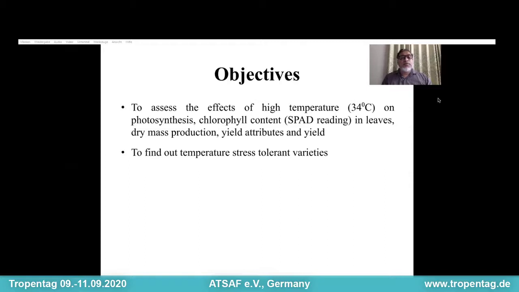The objectives of the study are to assess the effects of high temperature, 34 degrees Celsius, on photosynthesis, chlorophyll content in leaves, dry matter production, yield attributes, and yield of the lentil varieties, and to find out temperature stress tolerant varieties.